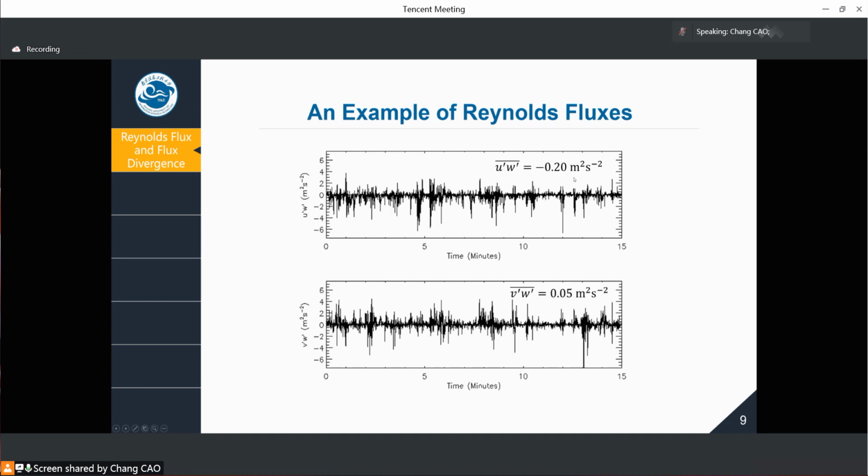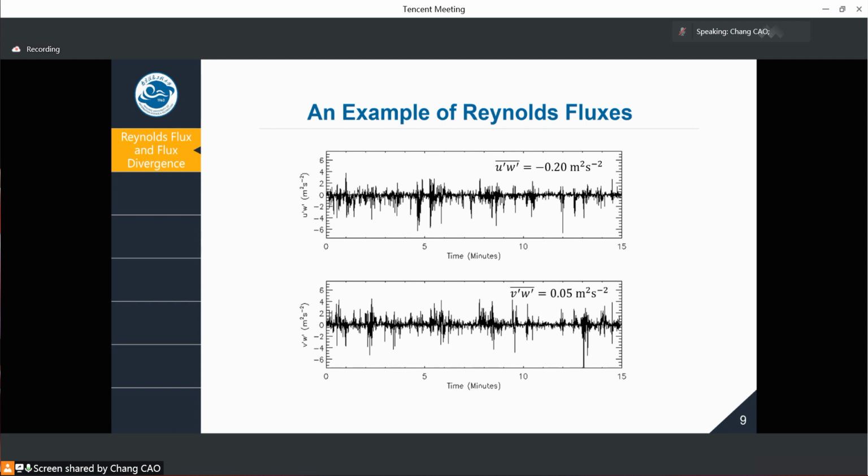Can you understand this? And also, if we do the time average during the 15 minutes of the product of V prime and W prime, we got the answer here. We found that the average of U prime W prime is a negative value, right?